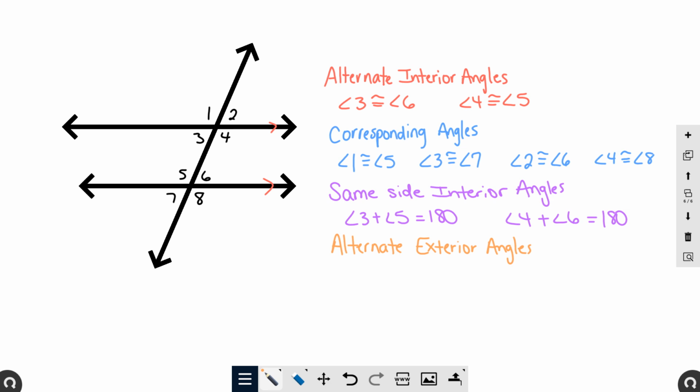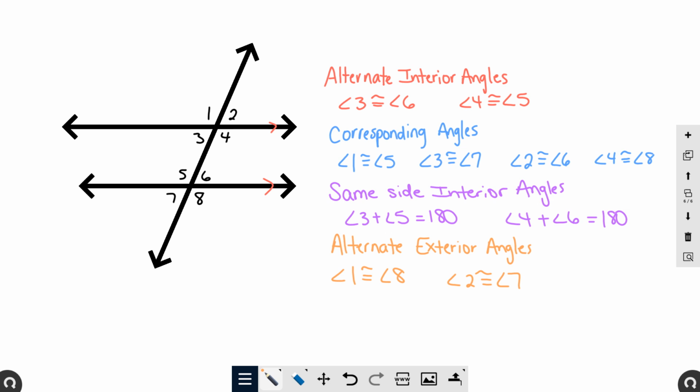Outside the parallel lines. So that would be like 1 and 2 and 7 and 8. So which pair are alternate exterior angles? 1 and 8. Angle 1 is congruent to angle 8, and the other set would be 2 and 7. So you can identify these alternate exterior angles as well.